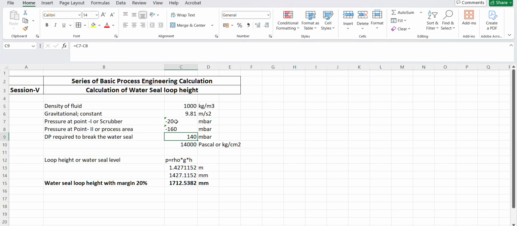To break that much vacuum or to avoid reverse flow, our required loop height is larger, because the delta P is on the higher side. Hope you understood how to calculate the loop height with the simple formula of static head, pressure equal to rho g h.